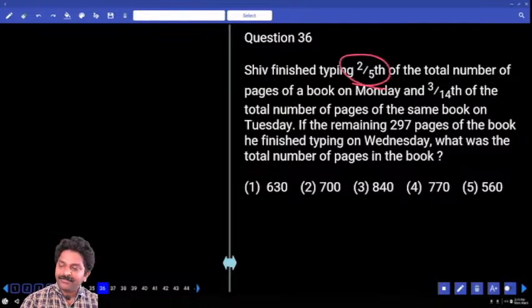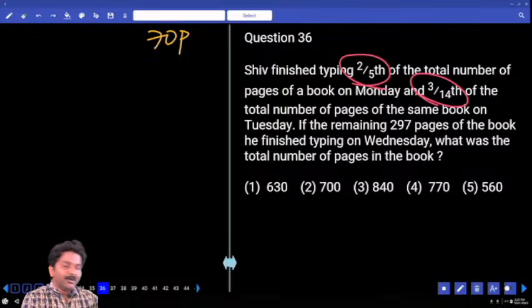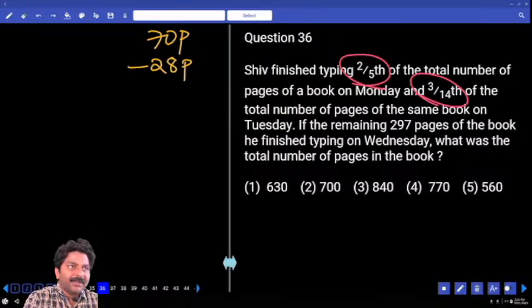Right. 2/5 and then 3/14. We have discussed many times. So whenever fractions are involved, we'll start with LCM of denominators. 5 and 14 LCM. So we'll start our total number of pages as 70 parts. First day 2/5 is over. 2/5, what is 1/5? 14. 2/5, 28 parts. Second day 3/14. 1/14 is 5 parts. 3/14 is 15 parts.